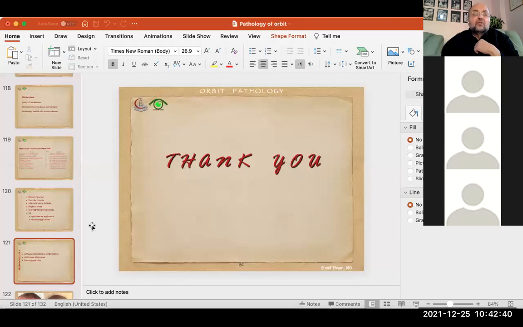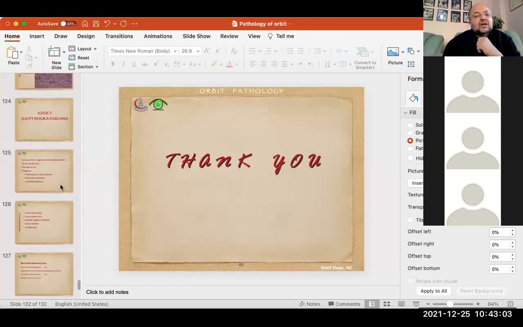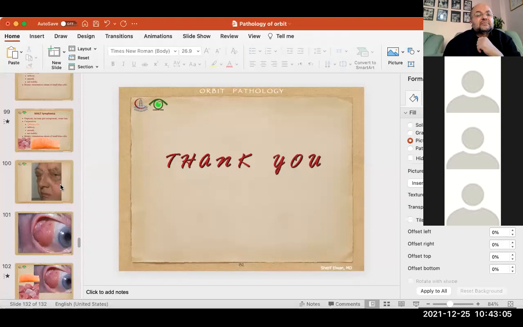MALT lymphoma. We are speaking about lymphoma, and it is a lymphoma, but there is no lymphatics in the orbit. That is why we have to know the origin. The origin is mucosa-associated lymphoid tissue that associates the mucosa, and the mucosa here is the conjunctiva. Okay.